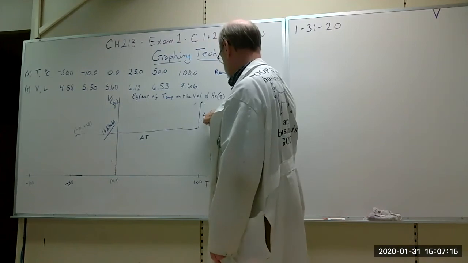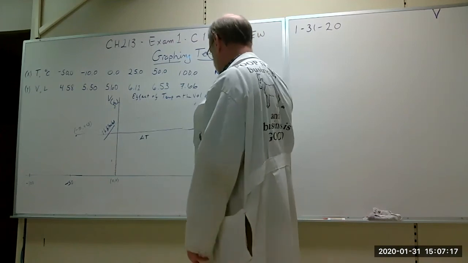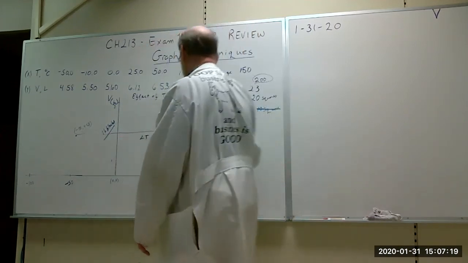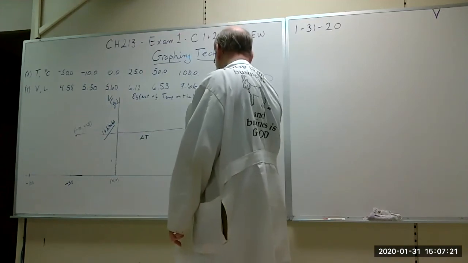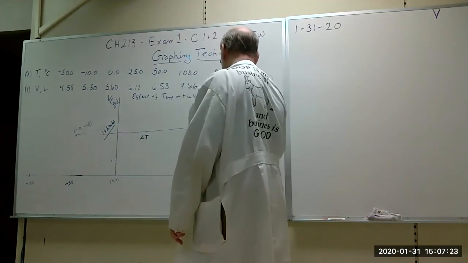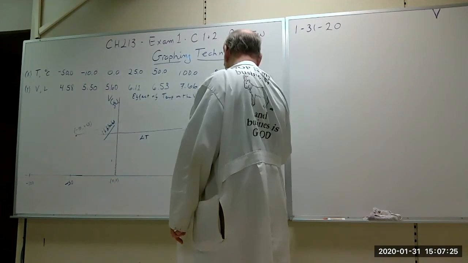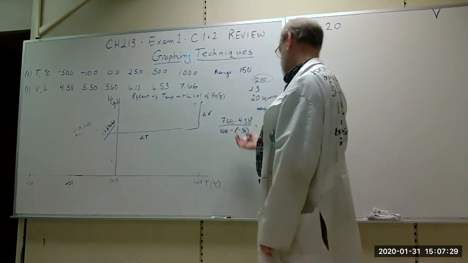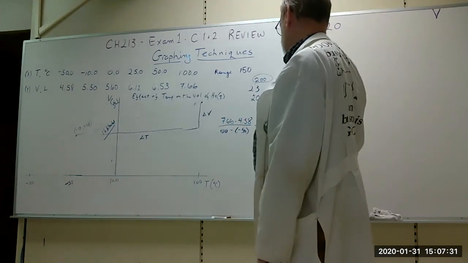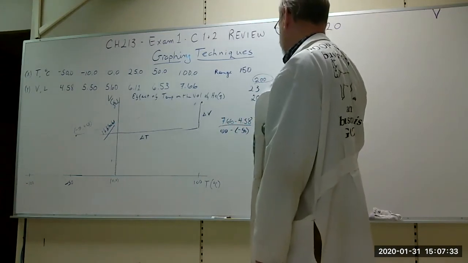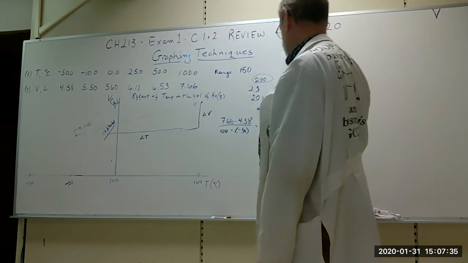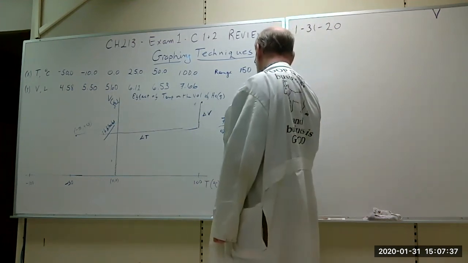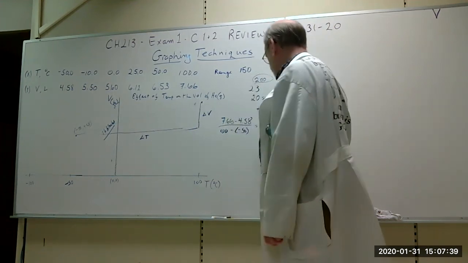So that's the change in volume divided by the change in temperature. So that would be 100 minus a minus 50. So that's 3.08 divided by 150.